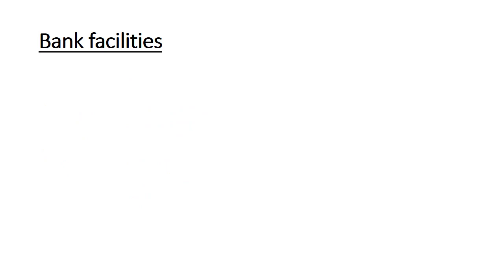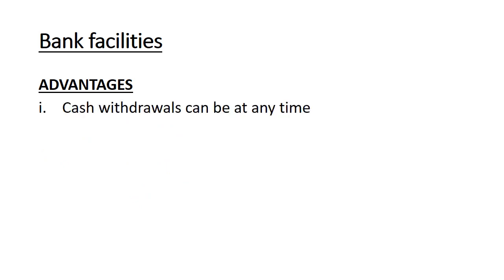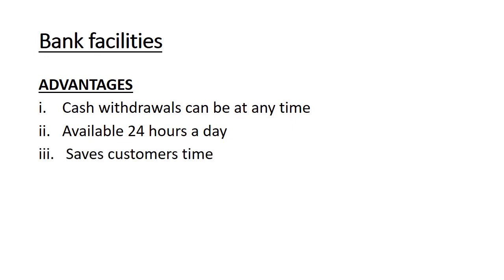So, what are the advantages of an ATM? The first is cash can be withdrawn at any time, available 24 hours a day. Because of this, it ends up saving a customer's time. It's different from when you try to withdraw from the bank.